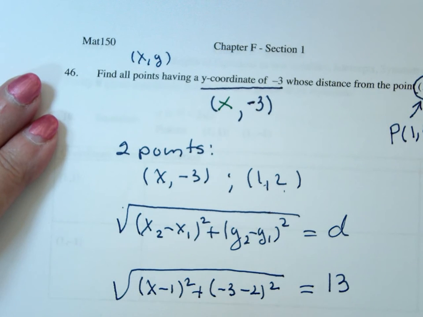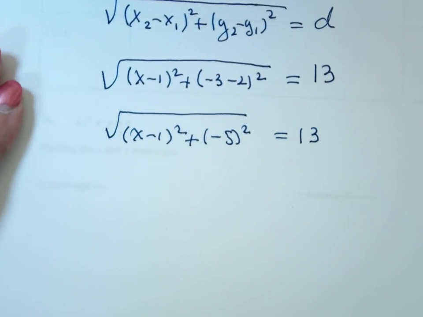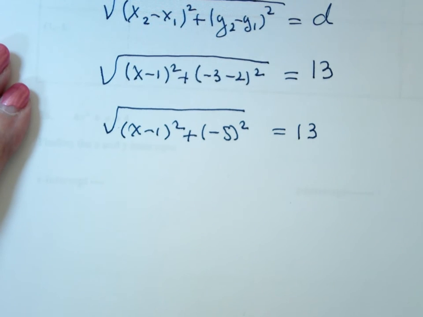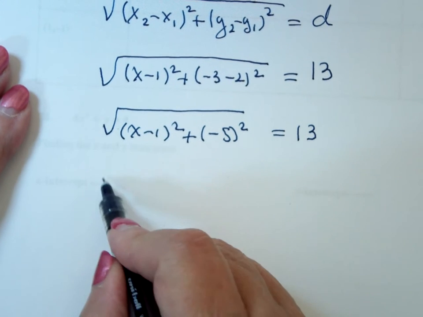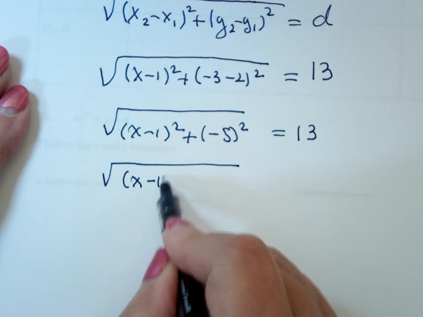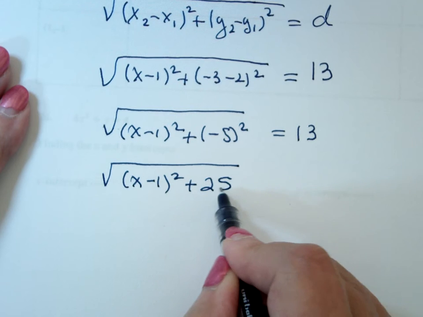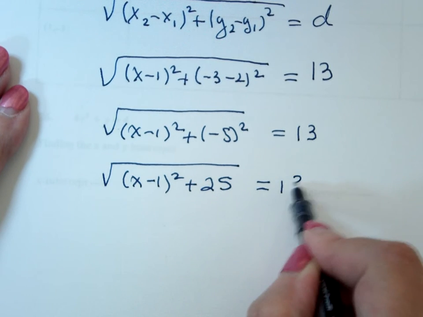So this is the square root of (x minus 1) squared plus (-5) squared equals 13. Now I may be putting in more steps than you would, and that's okay. Square root of (x minus 1) squared plus 25 equals 13. Now that's as far as I can go.